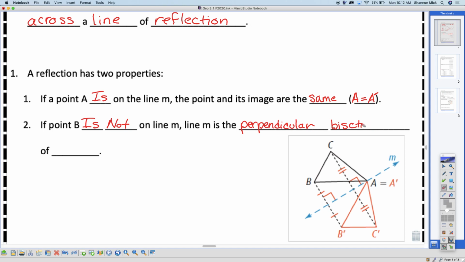I forgot an E. I don't care how it's spelled. It all means the same thing. Okay, so let's look at this. Point B. Perpendicular means they meet at a right angle. Bisect means exactly in half. Add the line B, B prime. And it's not a line, it's a segment. I shouldn't have said line, should I?